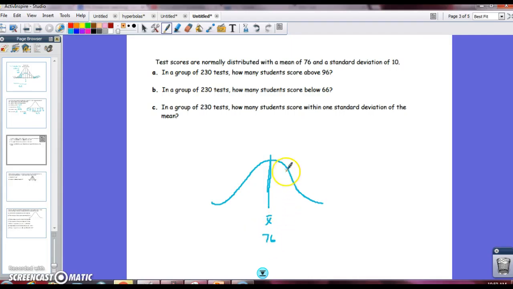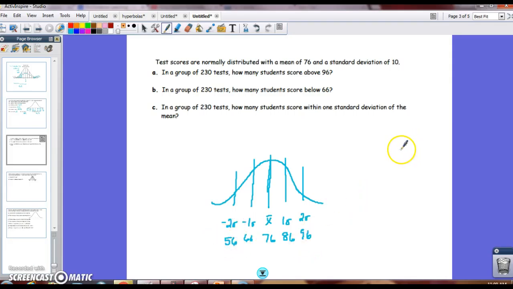Your standard deviation is 10. So at one standard deviation, you're at 86. Two standard deviations, you're at 96. One standard deviation below the mean, you're at 66. Two standard deviations below the mean, you're at 56.